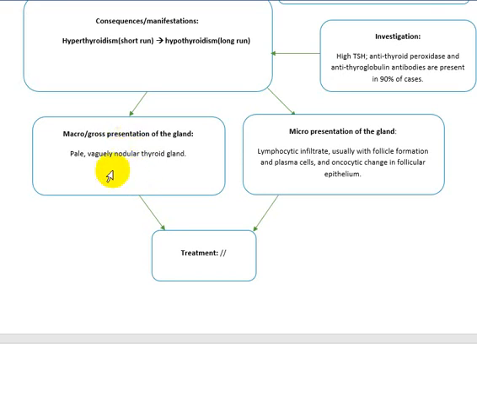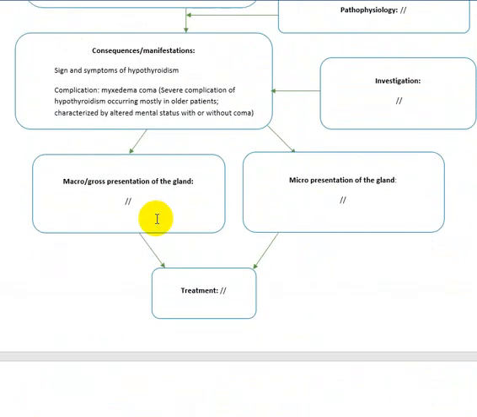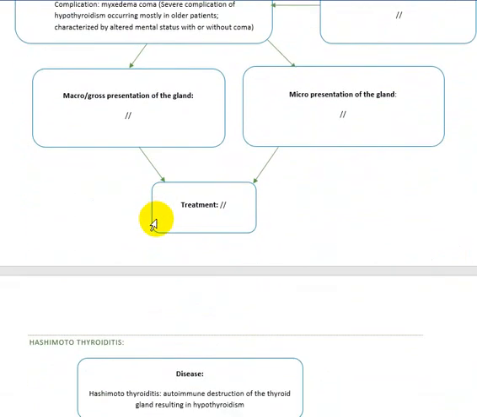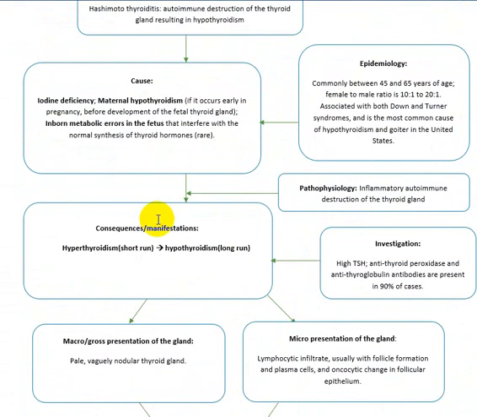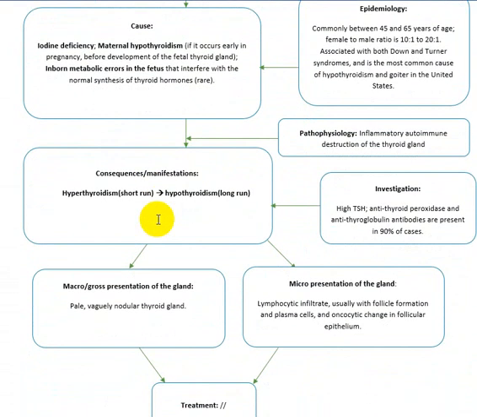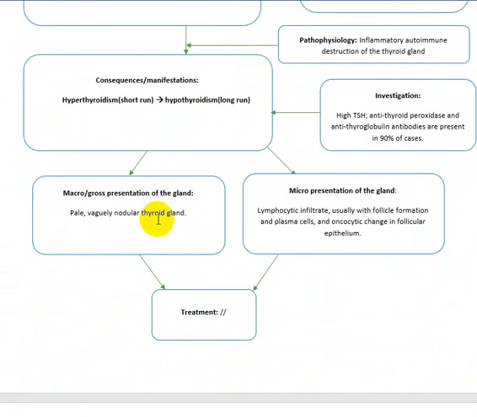So we said that nodular is due to the repair and the destruction of the thyroid gland. So it's going to be pale and vaguely nodular because the chronic inflammation is not going to be so high. Now, in case of Graves' disease, you have a diffuse but not nodular one because there is no inflammation of the thyroid gland.